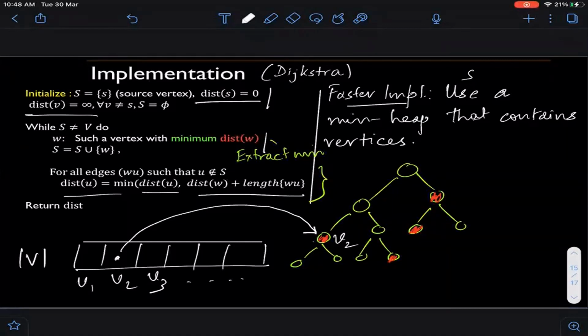Okay, each heap operation will effectively take log V time. But what we have to convince ourselves of now is that we are only doing order E number of heap operations. So why is that true? If I count loops, that's clearly not true, right? So why do you think I can still say that?